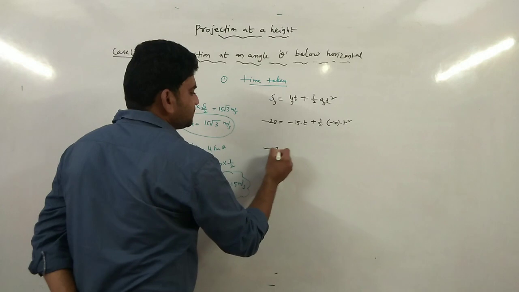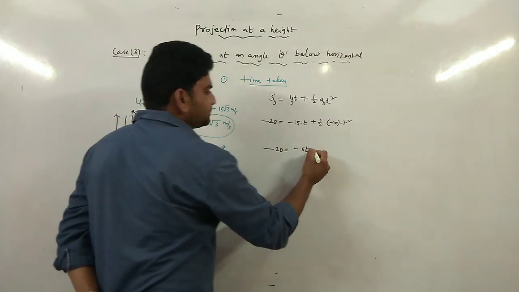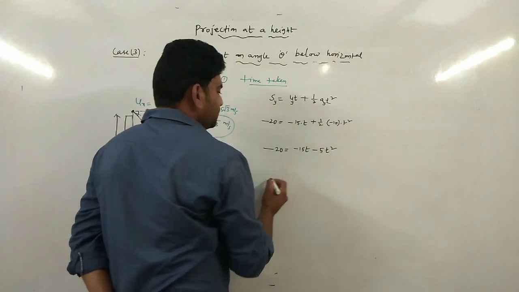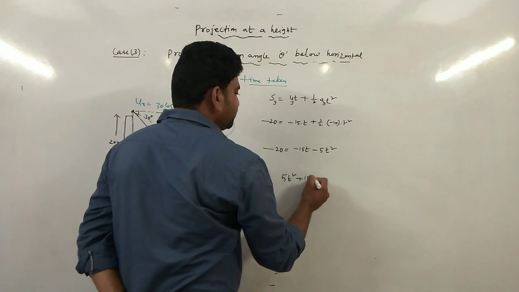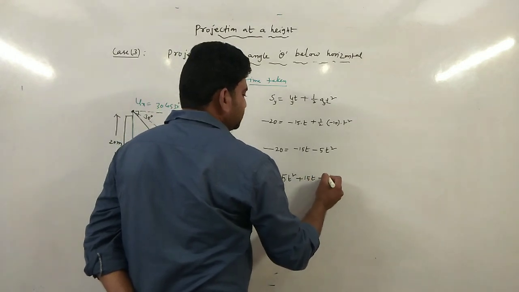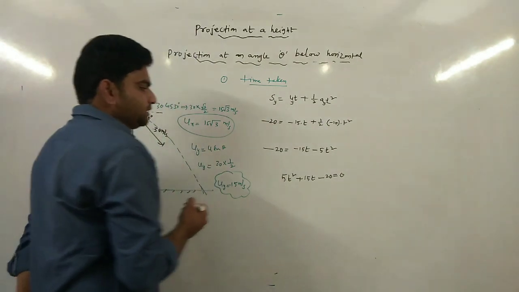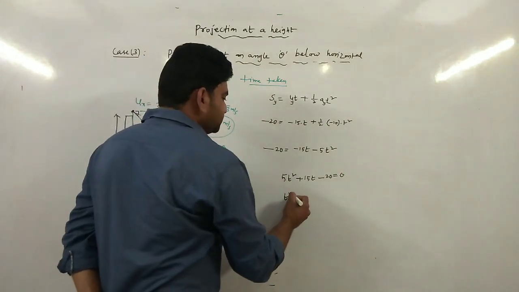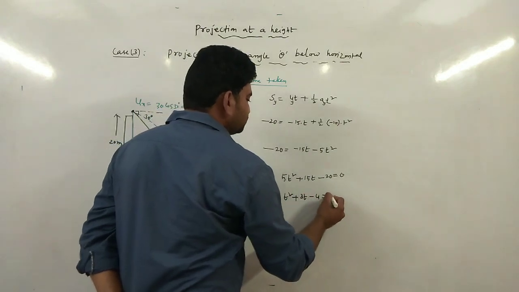Then it becomes minus 20 equals minus 15t minus 5t square. Further simplification, it can be written as 5t square plus 15t minus 20 equals 0, right? So again we can write it as t square plus 3t minus 4 equals 0.